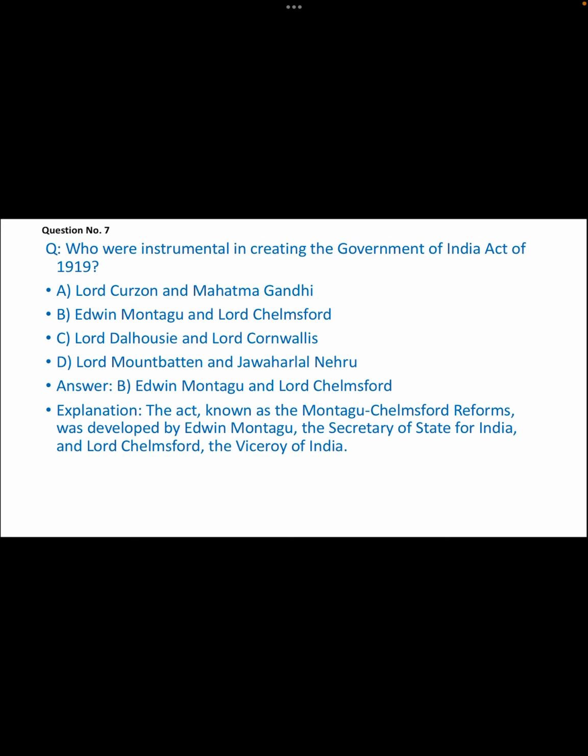The next question is, who were instrumental in creating the Government of India Act of 1919? A, Lord Curzon and Mahatma Gandhi. B, Edwin Montagu and Lord Chelmsford. C, Lord Dalhousie and Lord Cornwallis. D, Lord Mountbatten and Jawaharlal Nehru.